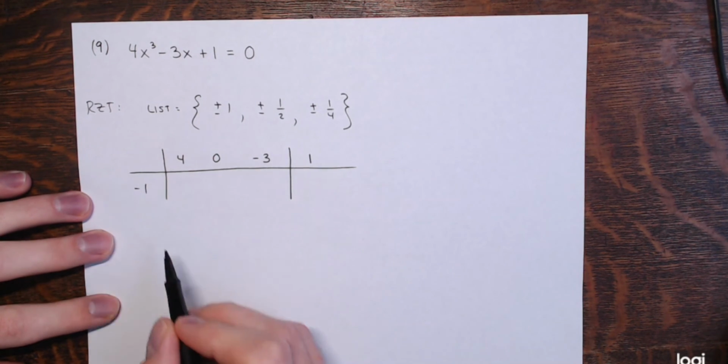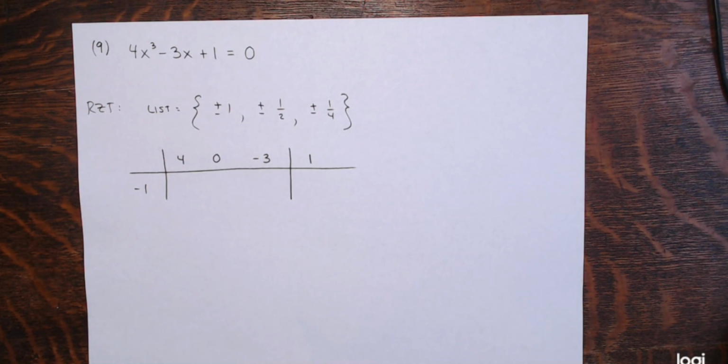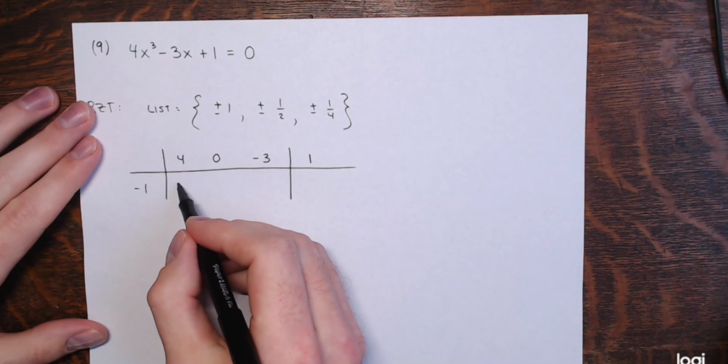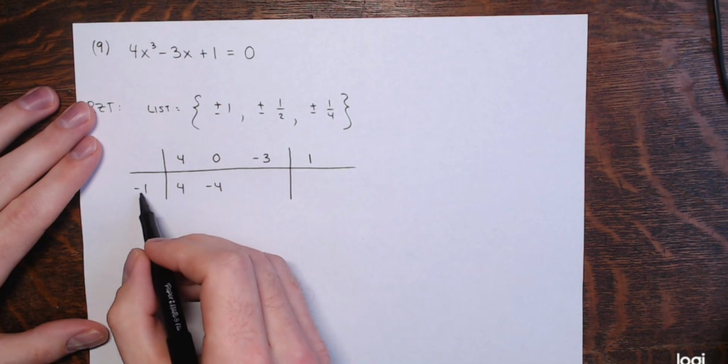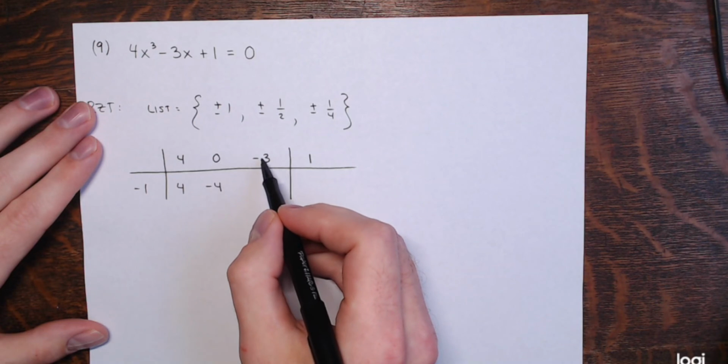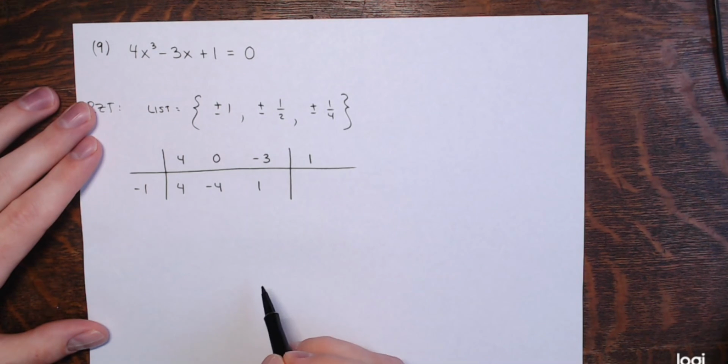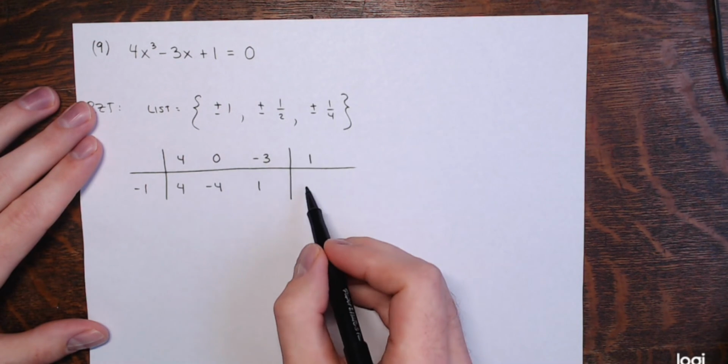I'm just going to put negative 1 because I see it already. If you see it already, use it. Drop the 4, then -4 plus 0 is -4, and then +4, -3 is 1. And then -1 plus 1 is 0.